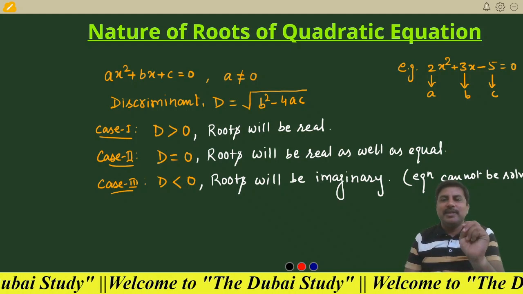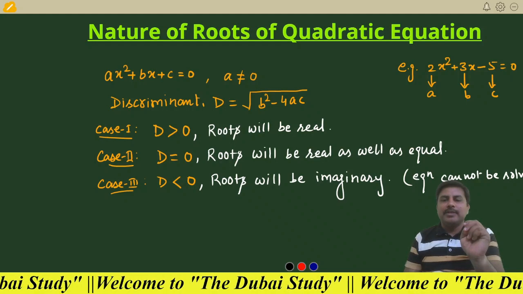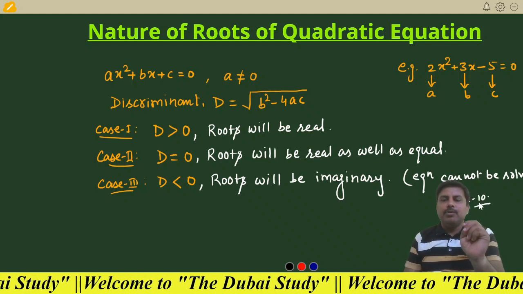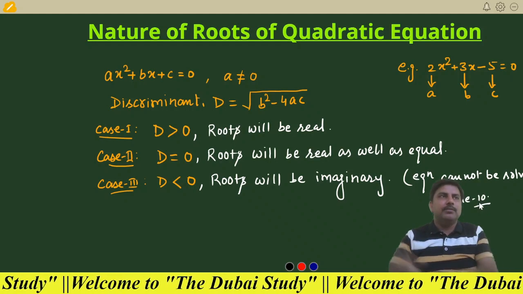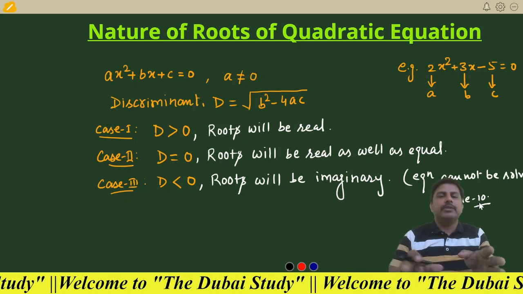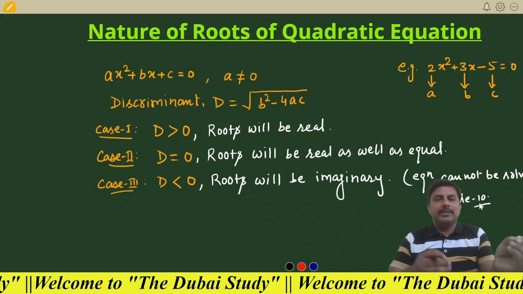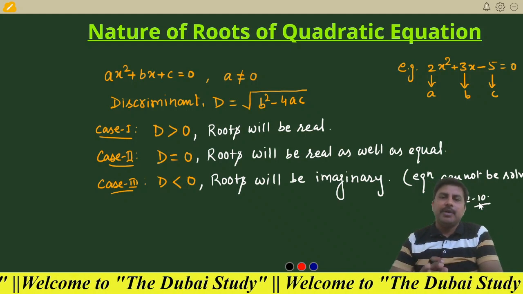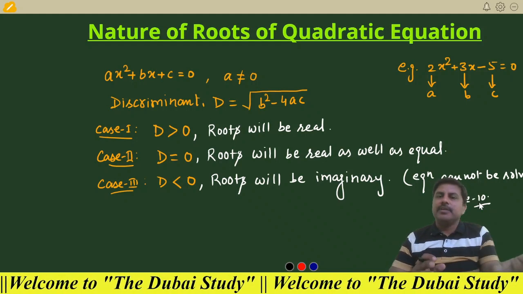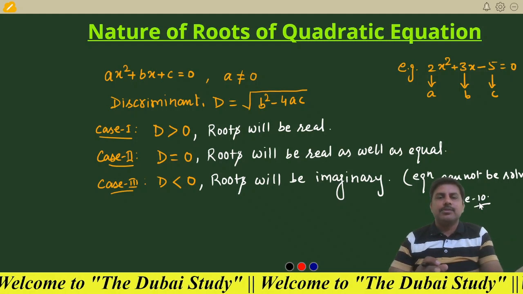When we go on to grade 11, then we solve these imaginary roots as well. At that phase we learn about the imaginary roots as well as the real roots.